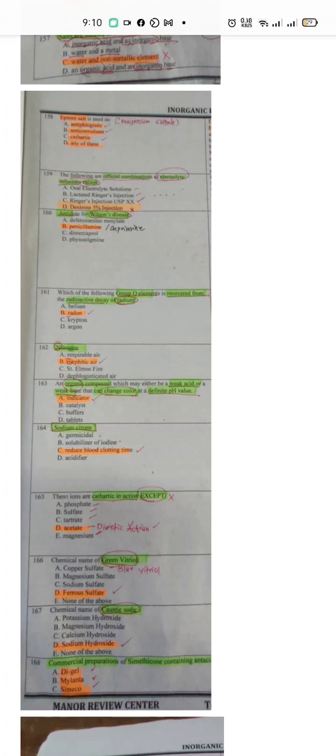or your Oresol is combination of sodium chloride, sodium bicarbonate, and potassium chloride plus dextrose. So ORS components, sodium chloride, sodium bicarbonate, potassium chloride, and your dextrose. Let's repeat, Ringer solution, sodium chloride, potassium chloride, calcium chloride.